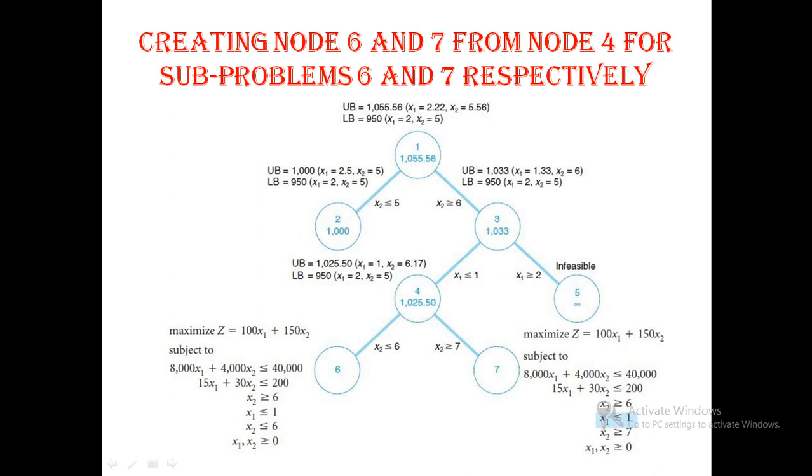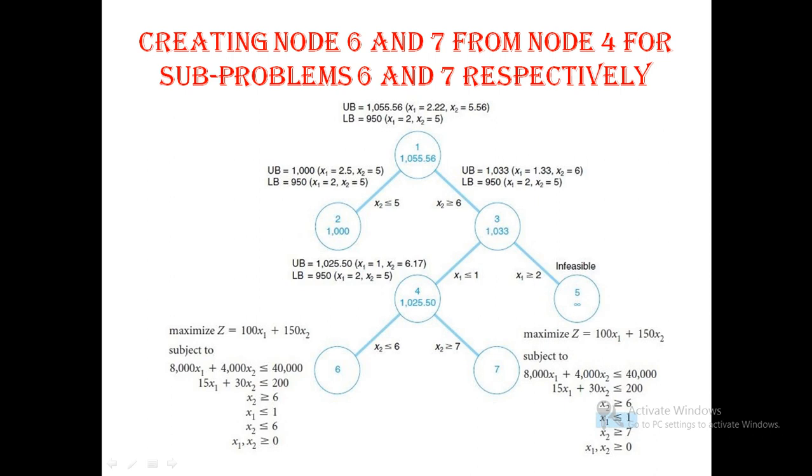Now what constraint should be added? For this decision you have to see the solution once again. The solution is x1 = 1, which is obviously an integer, and x2 = 6.17, which is not an integer. So x2 can take a value less than or equal to 6 or greater than or equal to 7.